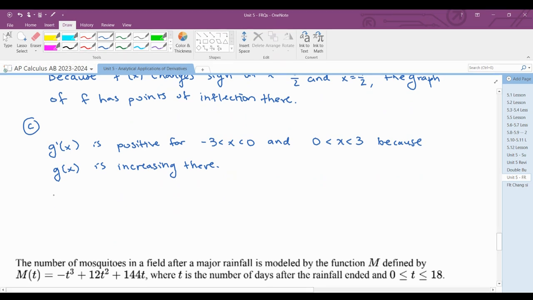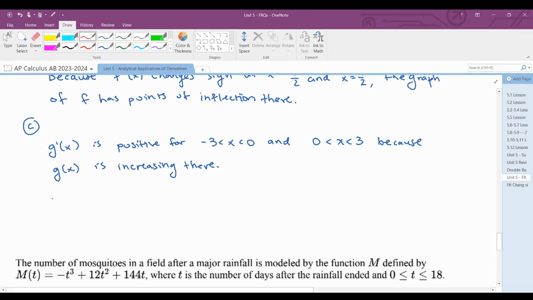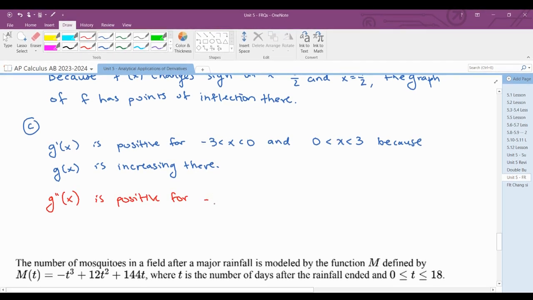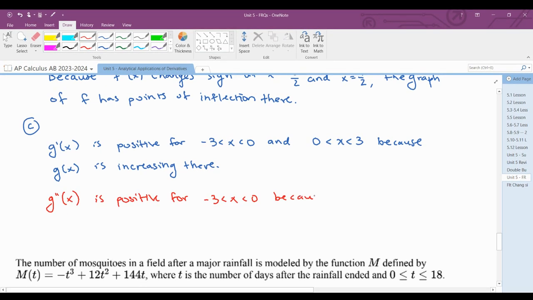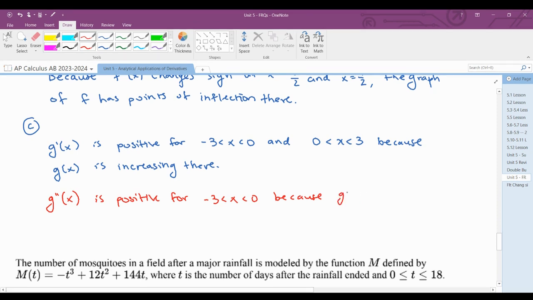And then here, g double prime is positive for -3 to 0 because g of x is concave up there.